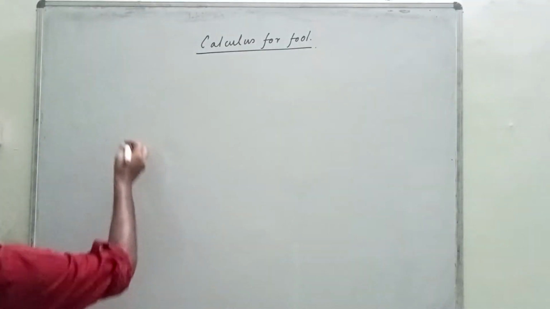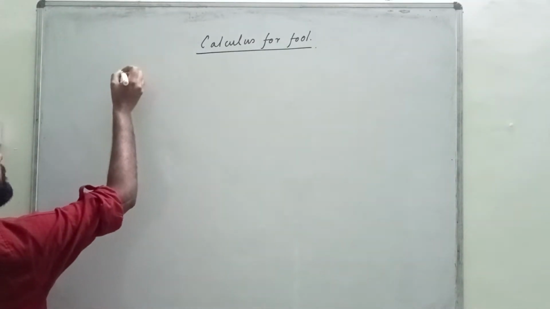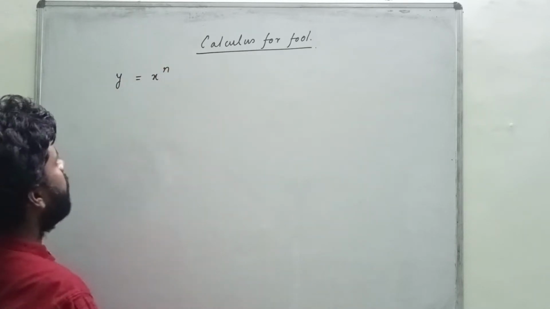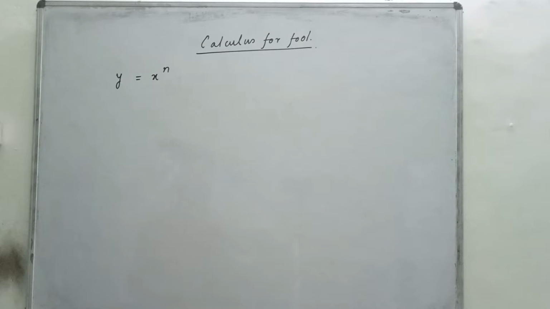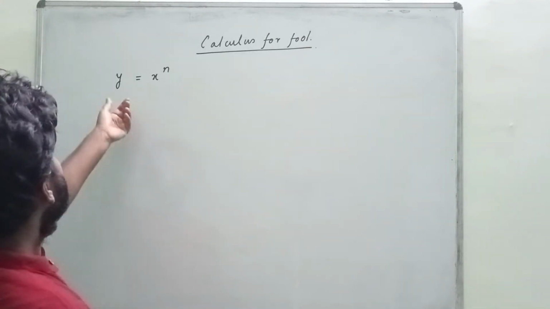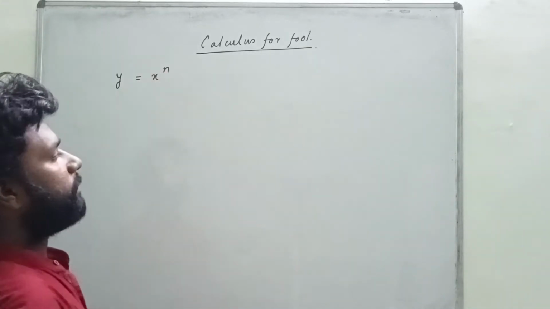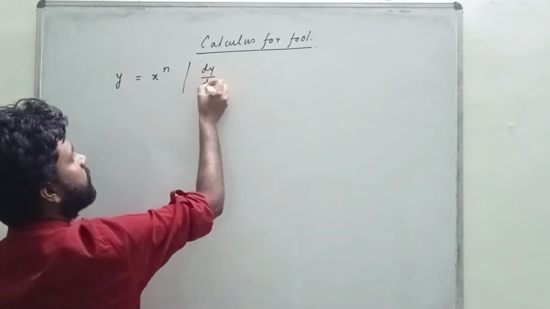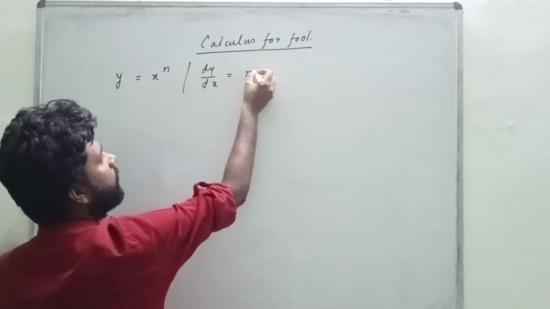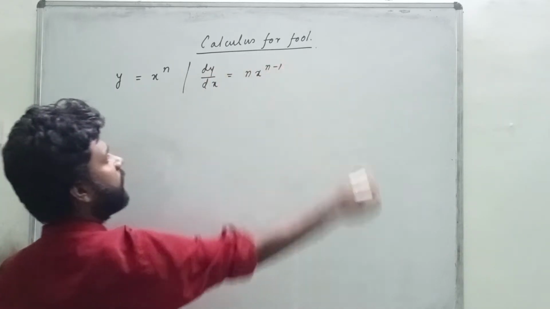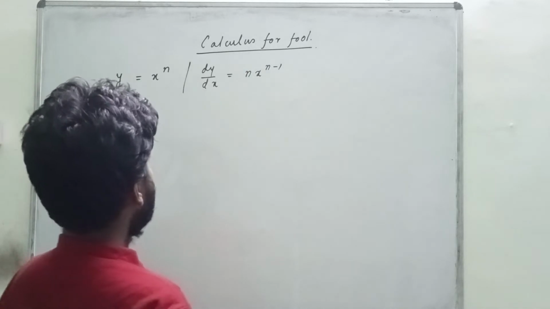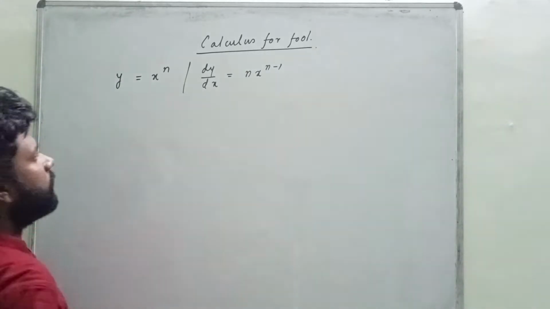So if y is x power n, the relation between x and y such that y equals x power n, then dy over dx goes to n x power n minus 1, right? It is our previous calculations. Okay.